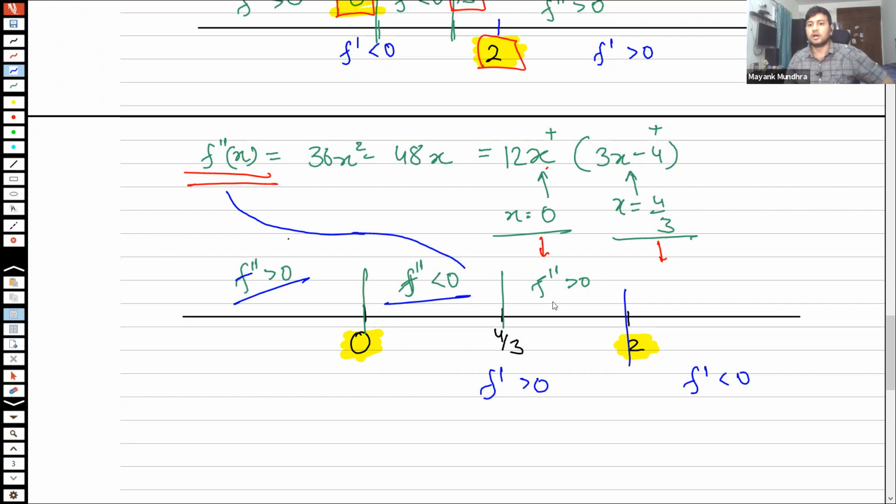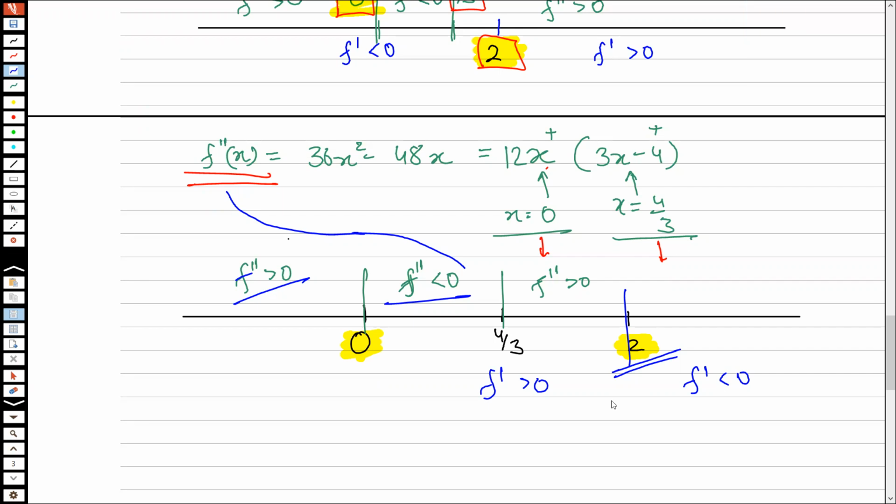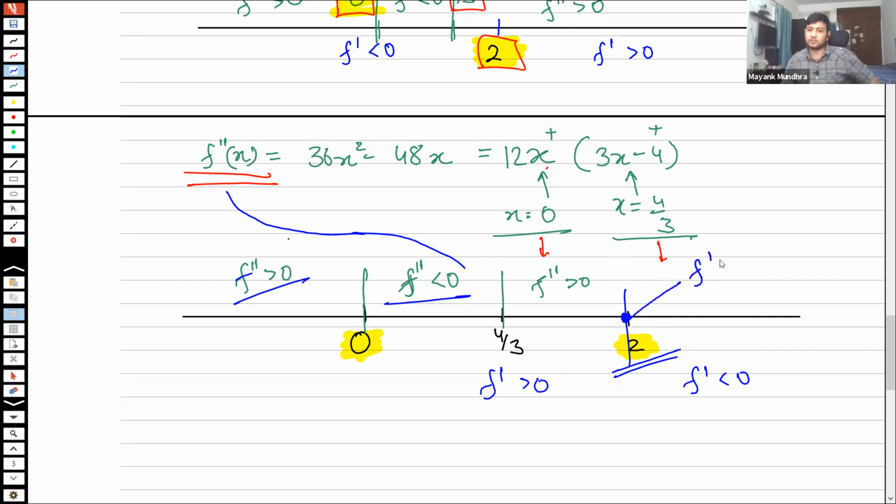Okay. Then what about 2? What can you tell about point 2? Is it going to be a maxima or a minima? Okay, what is f prime at 2?